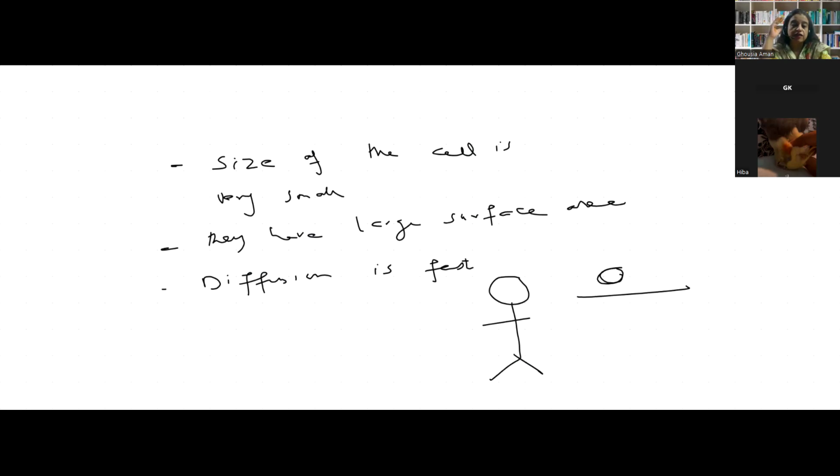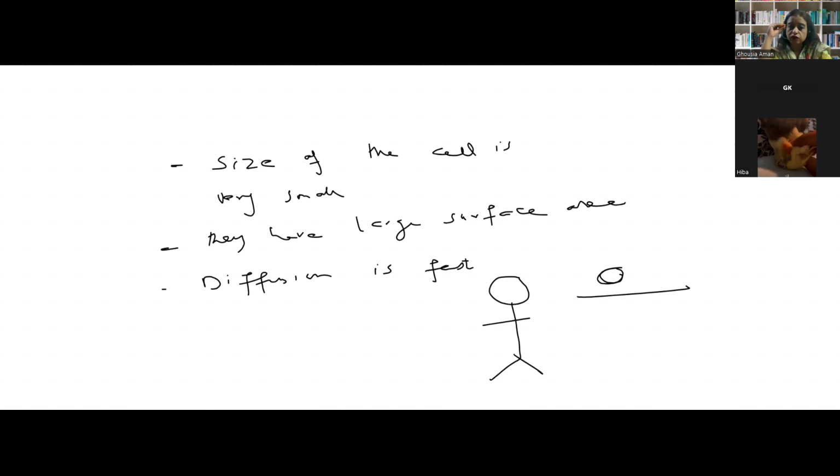If you think that I will not breathe through my nose and my lungs, and will simply diffuse oxygen from the air across my skin into my body, into my cells, it will be impossible. Why? Because the body is large, so the surface area is very small.